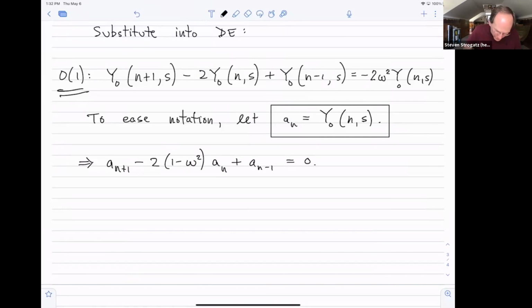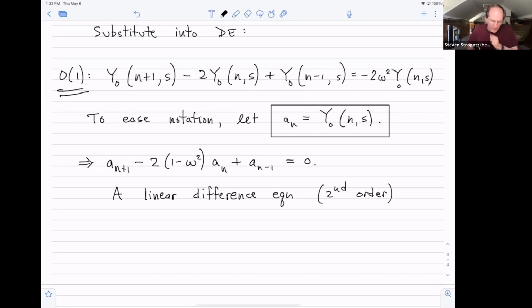And that's a linear difference equation. It's actually a second order linear difference equation, as you can see, because the indices differ by 2 between n plus 1 and n minus 1. So it's interesting.